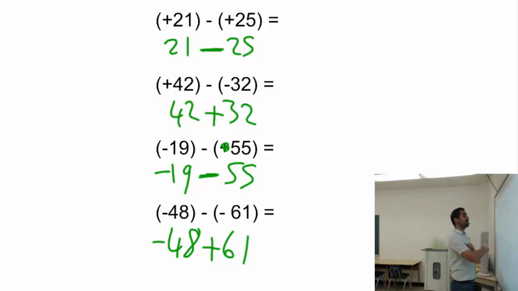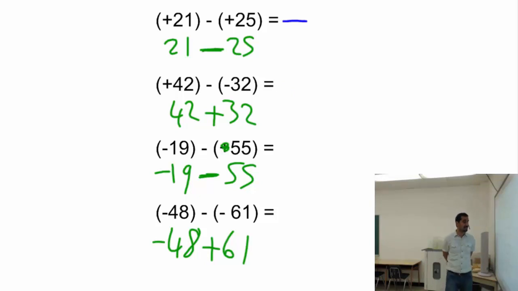So between 21 and 25, which one is the biggest one? 25 is the biggest one, and it has negative sign in front of it. Answer will be negative. Between 42 and 32, I don't see any negative sign. There will be a positive sign. I can write down positive sign, but I know that I don't have to. No sign means positive anyway.